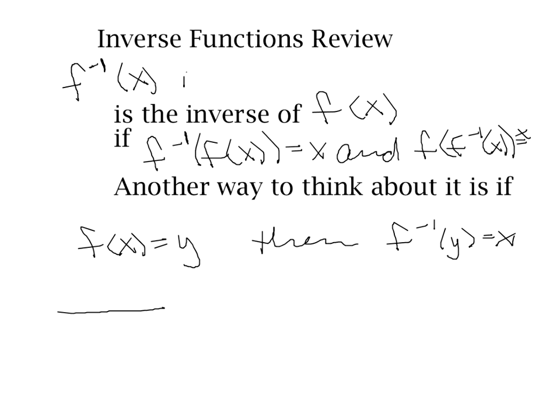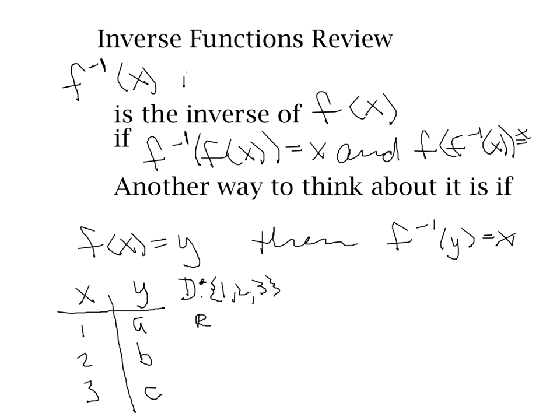So we have another example here. If I have, this is f of x, I have 1, 2, 3 for x, and a, b, c for y. Then my domain would be the set 1, 2, 3. My range would be a, b, c.